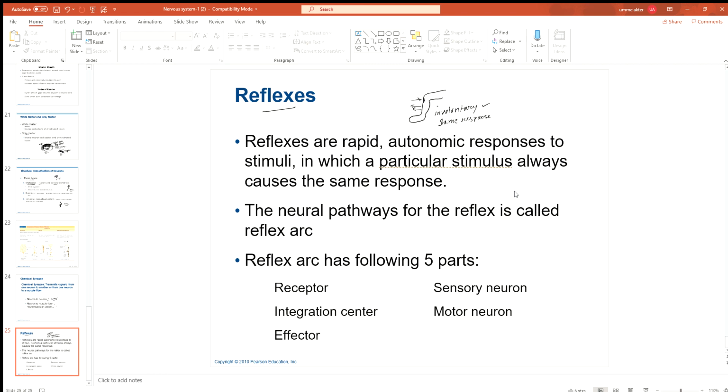It is not like sometimes it will go this way, sometimes it will go that way. No, always in the same direction. So involuntary, autonomic, same response, and rapid. The response is very fast. So those are important properties of a reflex.